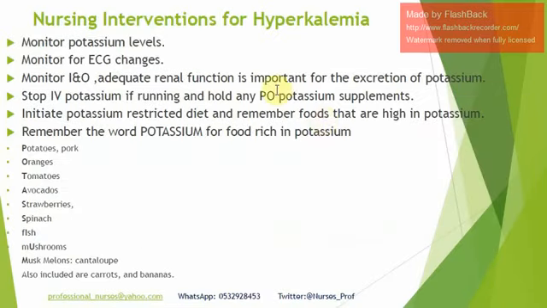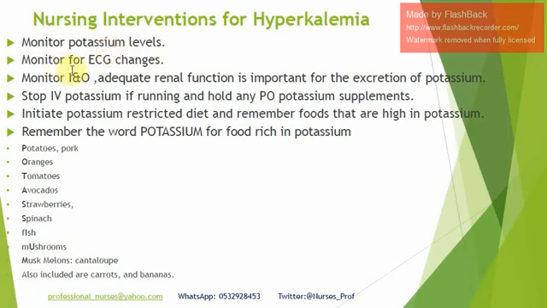What are the nursing interventions for a patient with hyperkalemia? One of the most important is frequently monitoring the potassium level. Our doctor may order us to check serum potassium every 4 hours, every 6 hours, etc., to have continuous follow up on the potassium level in our body.